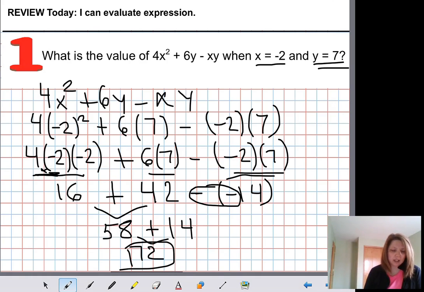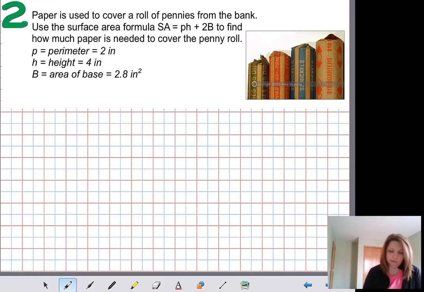Okay, well, let's take a look now at those word problems that I mentioned at the beginning of this video. So the first one, we are given that paper is used to cover a row of pennies from the bank. Use the surface area formula, this one, to find how much paper is needed to cover all those rows.